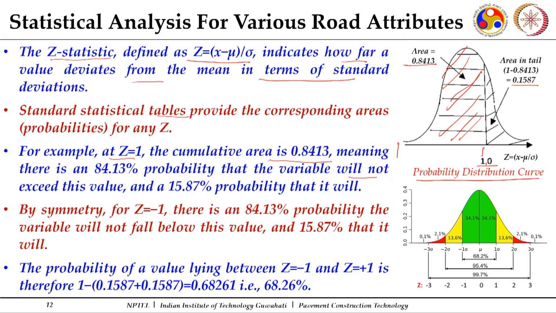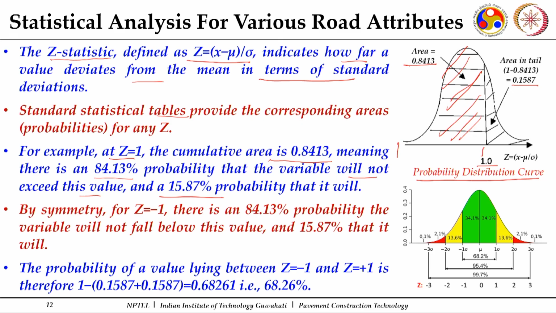So, if we have this Z statistic or standard normal deviate value as 1, it gives an idea that at least 84.13% of the results will not exceed this value of 1, and 15.87% may exceed. So, we are getting an idea.